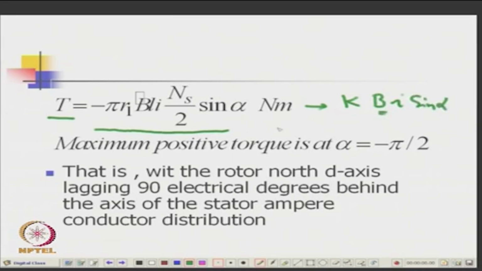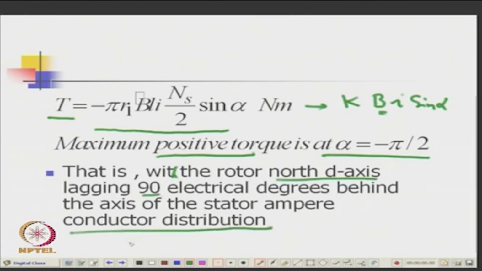B is the peak flux density, I is the peak current, and alpha is the position of the d axis with reference to the A axis. The maximum torque occurs when alpha is 90 degrees, so with the rotor north d axis lagging 90 electrical degrees, you get a maximum torque.